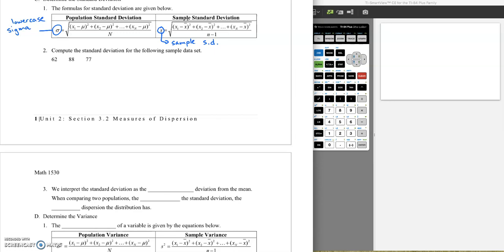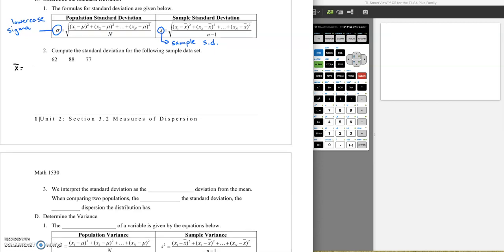So if we look at the formula, what this says is we take a data value, subtract the mean, and then square the answer. And we do that for every single data value. And then we add all those up and divide by the sample size minus 1, and then take the square root of the whole thing. So first, let's figure out what the mean is.